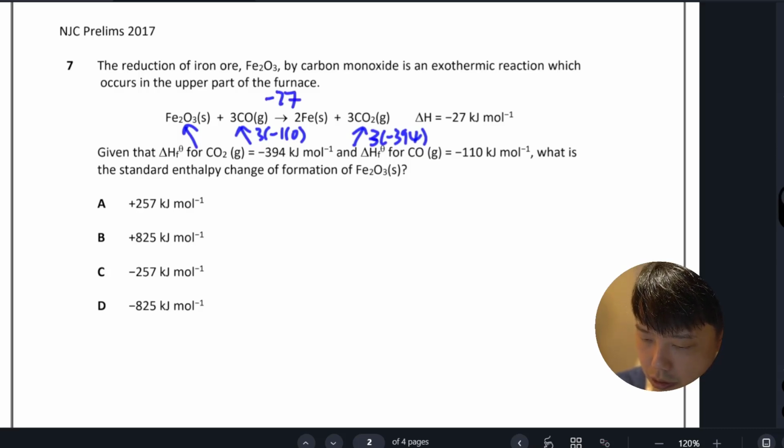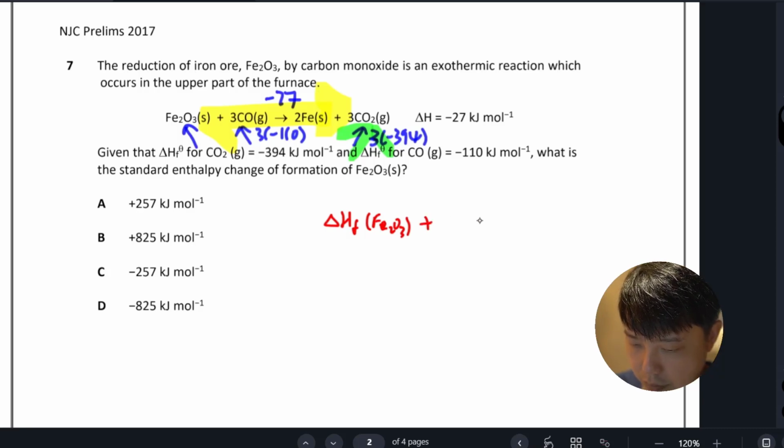Go ahead and do the energy cycle. These two pathways are the same as this pathway. Okay, so go ahead and write out the equation. Delta H formation, iron oxide plus 10 plus 7 equals 4.